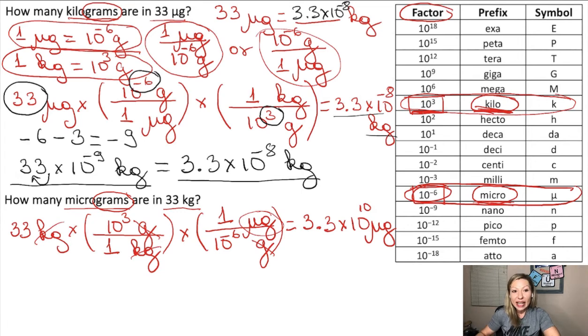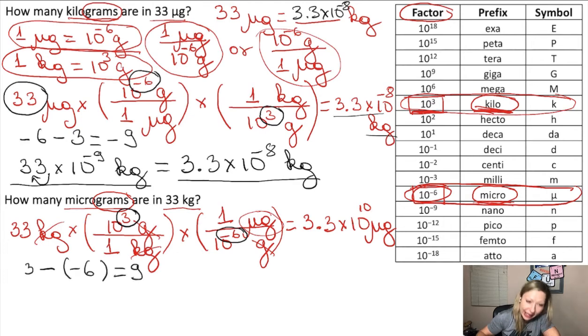Let's use the exponents again. So I have 10 to the third here and 10 to the minus 6 right here. So I can just take 3 minus 6, no, minus 6 subtracted the other way, it's going to equal 9. I can take my base number, 33, and times it 10 to the 9th.